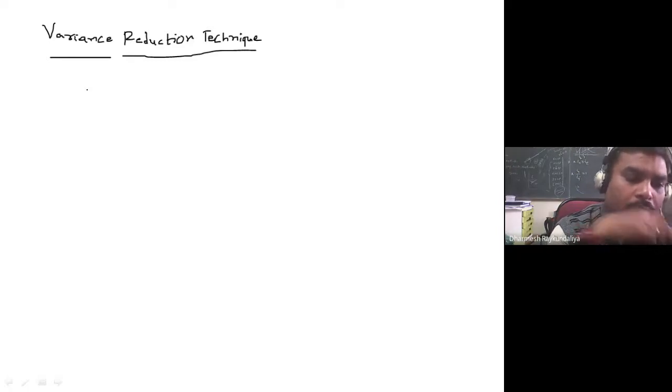Now we are looking for the estimate of theta. Theta is nothing but the integration of h(x) dx in our usual notation, because we wish to approximate the value of the integration. We call it theta.